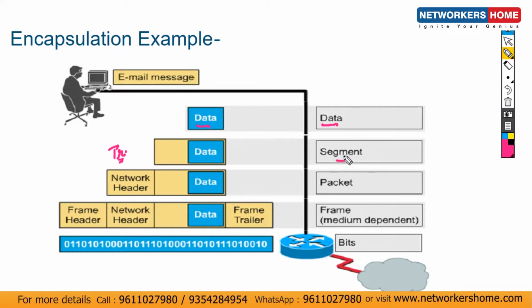This is about data, the same data, but that is not a segment. Then on L3, we add a network header, and the L2 layer adds a frame header and the frame trailer, and then it is converted into the form of bits and forwarded to the destination side. So this is all about encapsulation.